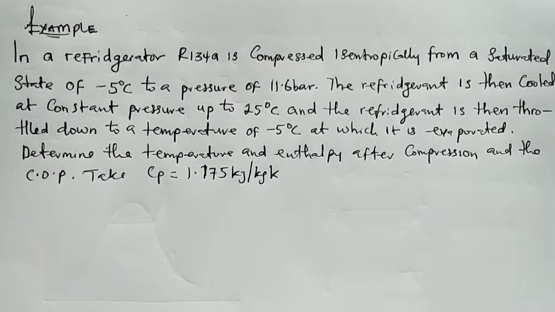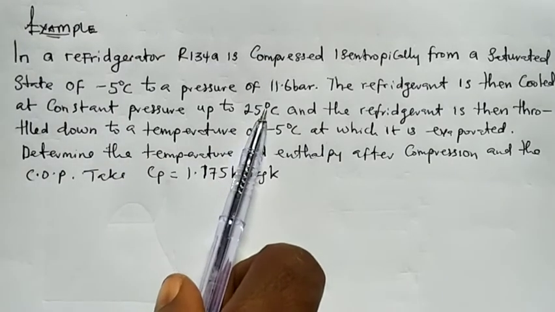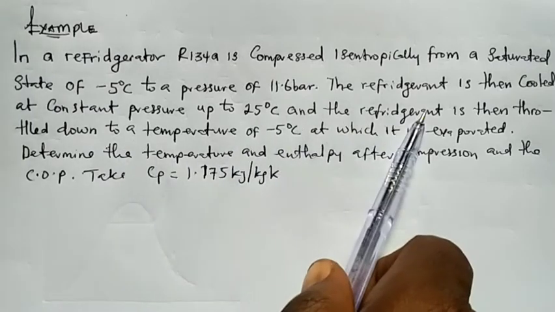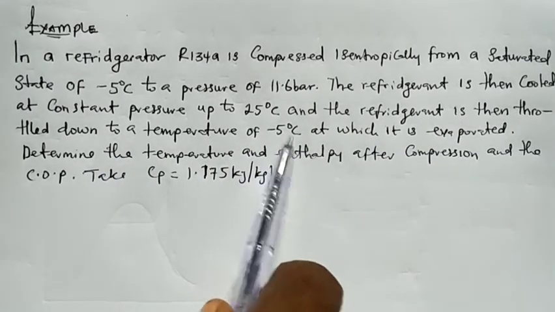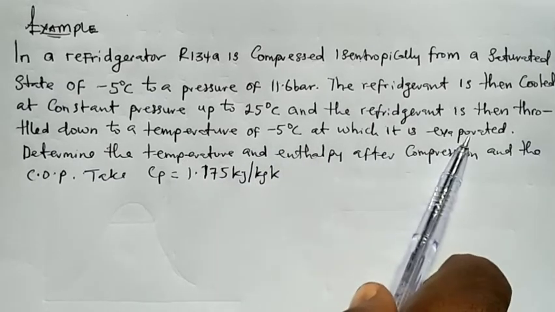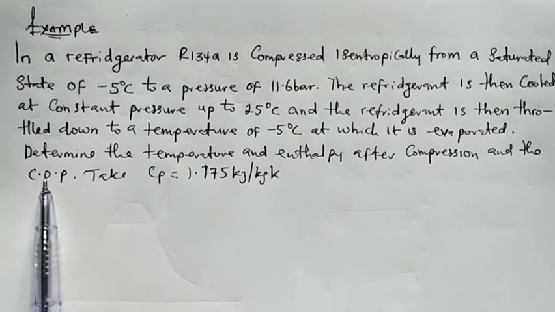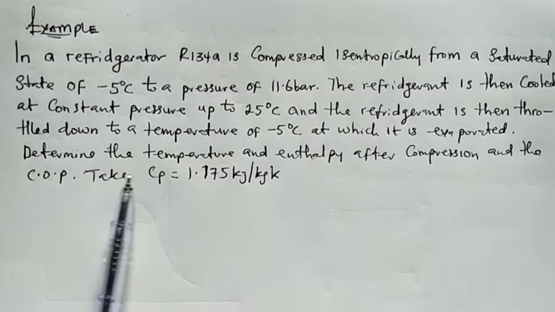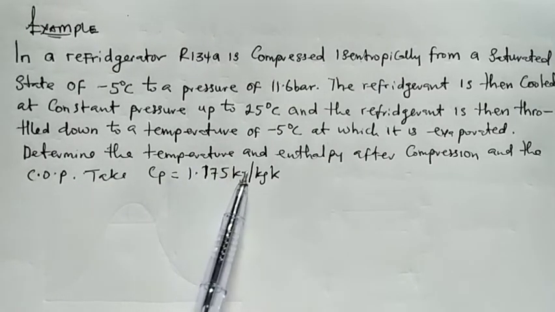The refrigerant is then cooled at a constant pressure up to 25 degrees Celsius, and the refrigerant is then throttled down to a temperature of -5 degrees Celsius, at which it is evaporated. Determine the temperature and enthalpy after compression and the coefficient of performance COP. Take constant pressure specific heat to be equal to 1.175 kJ per kilogram Kelvin.